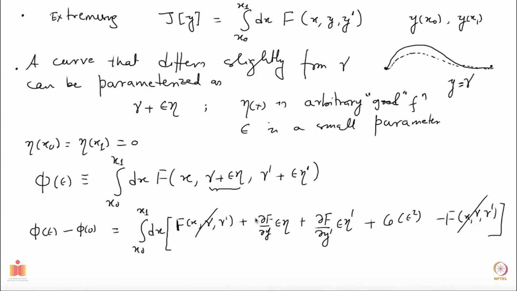Okay, and in that limit I get phi prime of epsilon, which is phi of epsilon minus phi of 0, over epsilon, in the limit epsilon going to 0. Okay, which is phi prime of epsilon. And what is that? Epsilon has already been divided out, so you get only these two terms.